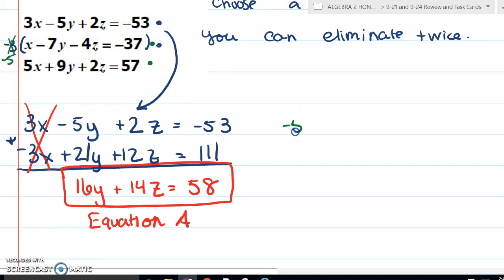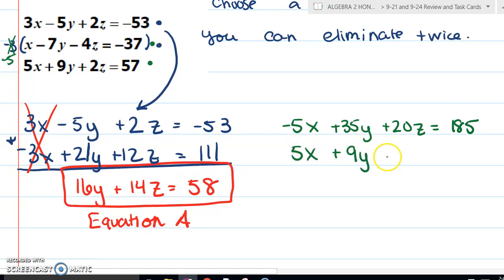So my new equations are -5x plus 35y plus 20z equals 185. And then the second one we're going to choose as the third equation.